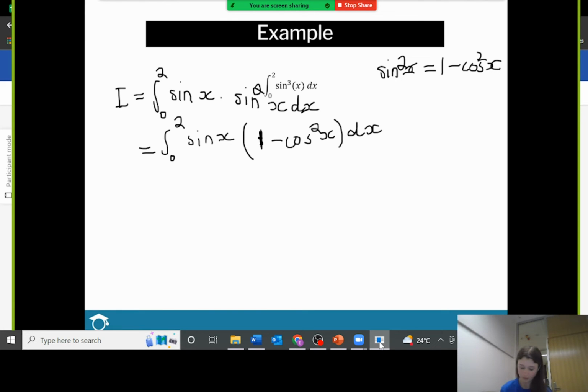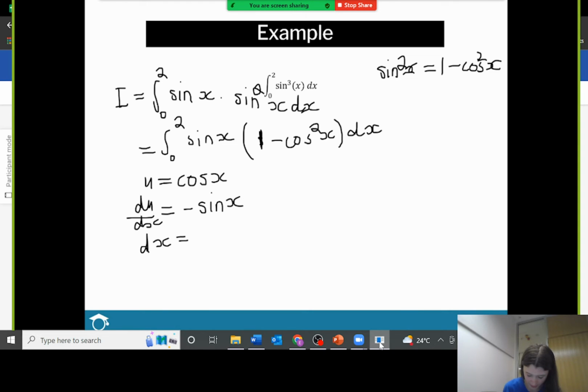So if we let u equal cos x, then du dx is going to be negative sine x, so dx is going to be negative 1 over sine x. And we can then substitute this into our integral.